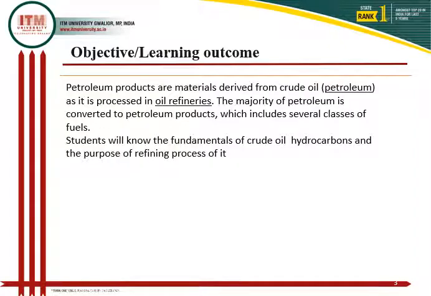What is the objective or the learning outcome of this lecture? As we all know, petroleum products are materials derived from crude oil, which is a fossil fuel, and it is processed in the oil refineries. The majority of the petroleum is converted to various petroleum products, several classes of fuels.